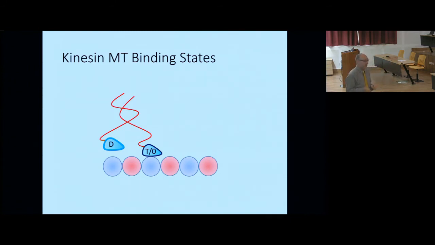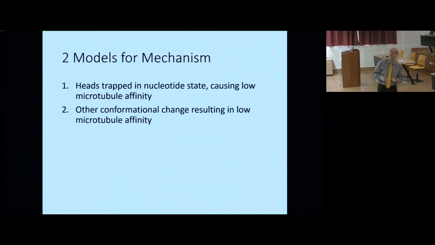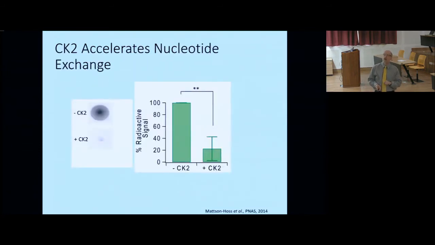It's stuck in the weak affinity state, and CK2 is acting as an exchange factor and popping it back. I was certain that this was what was going on. Of course, it didn't work. But how do you explore that idea, that you're stuck in the ADP-bound state and that CK2 is acting as an exchange factor? It's just a model that the head is trapped in the ADP-bound state, causing low affinity.